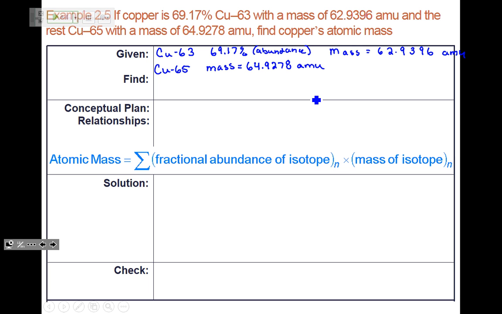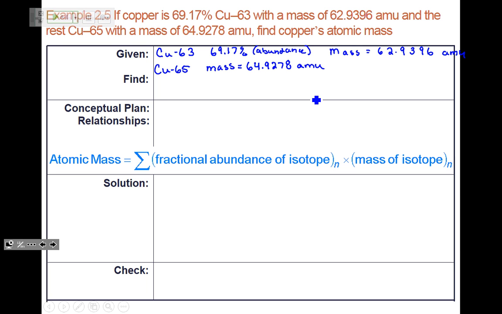If I know that I have 69.17% of one isotope, I can calculate how much percent I have of the other isotope. Because what is percent? Out of 100. Since we know it's out of 100, and we only have two naturally occurring isotopes, if I have one percentage, I can calculate my other.